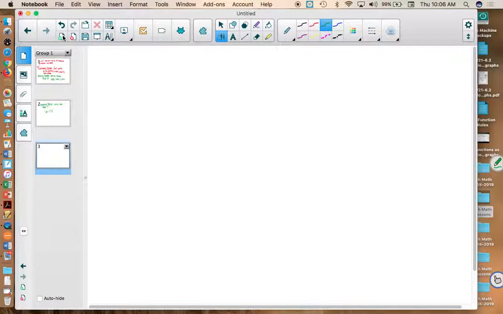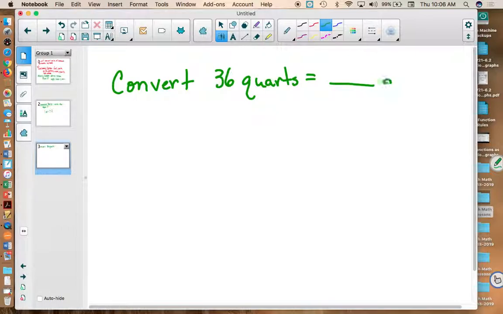What if I want to convert 36 quarts equals how many gallons? Well, first of all, remember we said a conversion rate is something that equals 1, right? So what would my conversion rate be here?